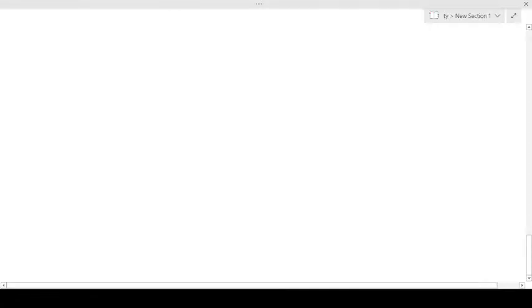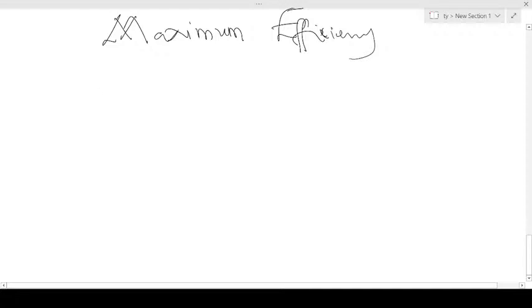Now for maximum efficiency, our RF should normally be negligible, because the more forward resistance you have, the less efficient your rectifier is. So for peak efficiency, you should hope that your RF will be 0.